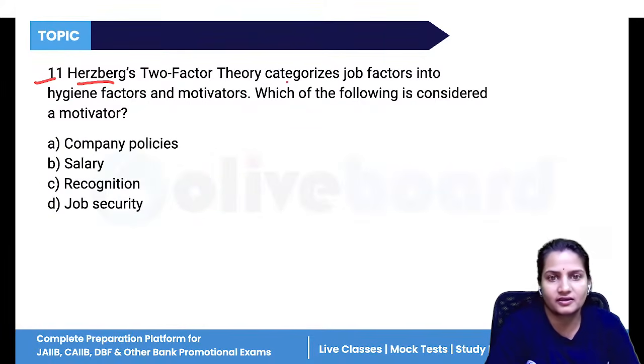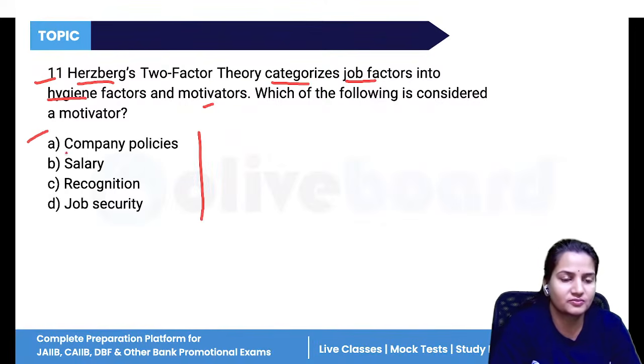Now, Herzberg's two-factor theory categorizes job factors into two factors, hygiene and motivators. Now, which among the following is a motivator factor?